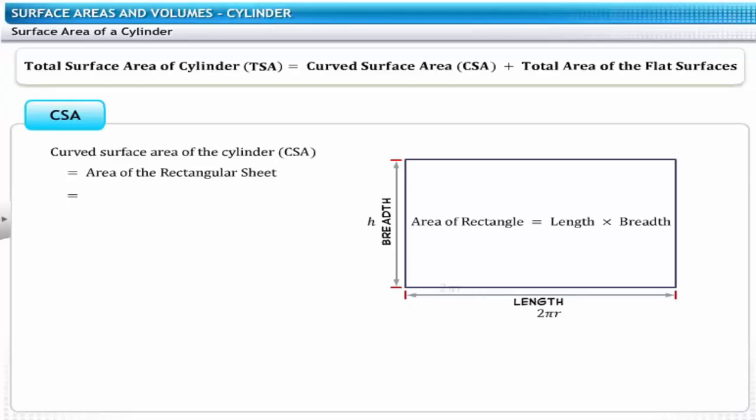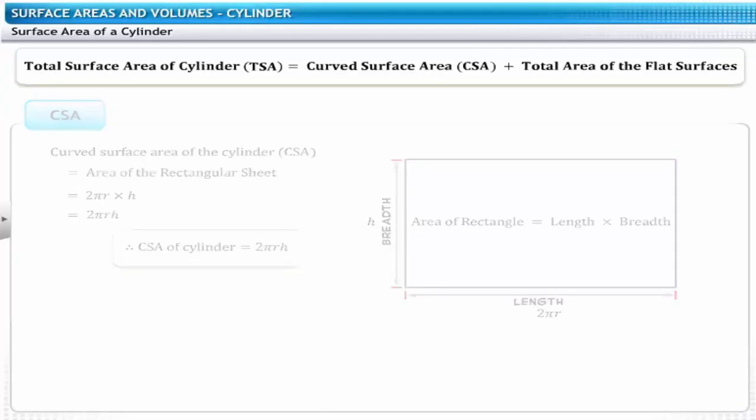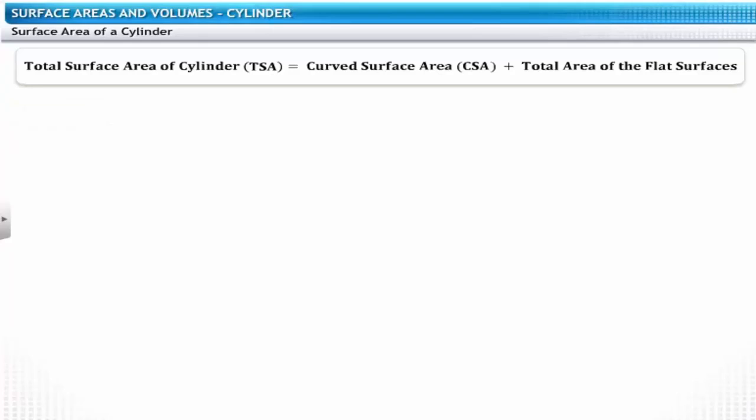Substituting 2 pi r as the length and h as the breadth of the rectangular sheet, we get the area of the sheet as 2 pi rh. Thus, the CSA of a cylinder can be generalized as 2 pi rh.